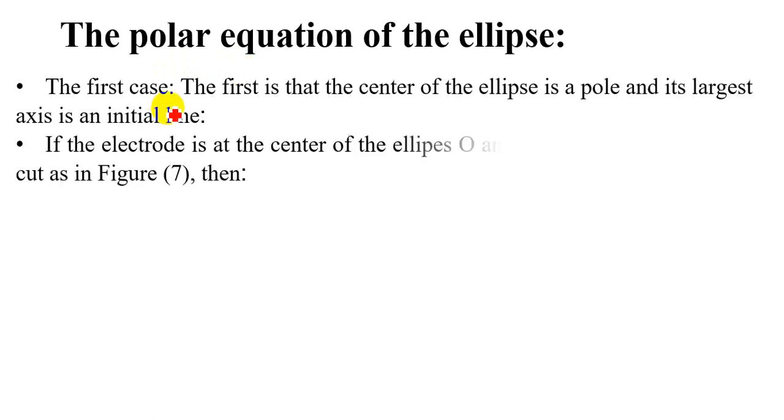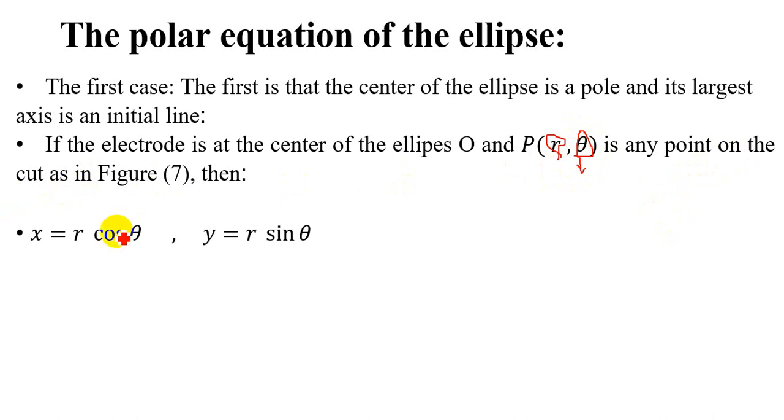We have the first case, and in that case we want to change to polar instead of Cartesian, working with r and theta, as we usually change between x and y, so we can get r and theta. For any point on the ellipse, x equals r cosine theta and y equals r sine theta, and that's our change.